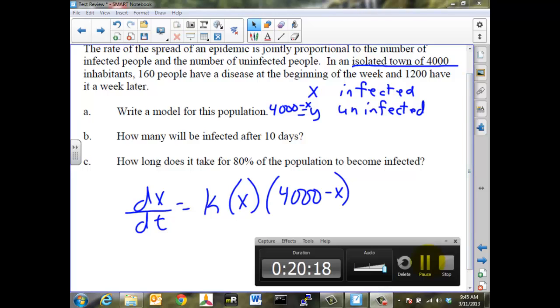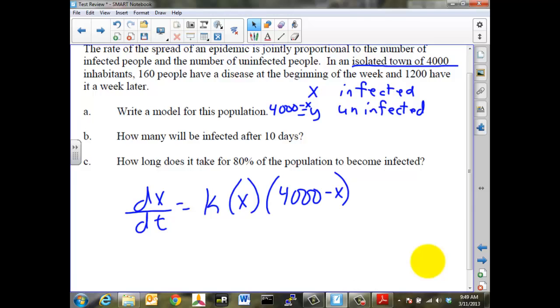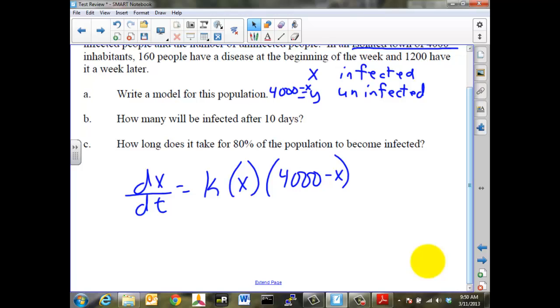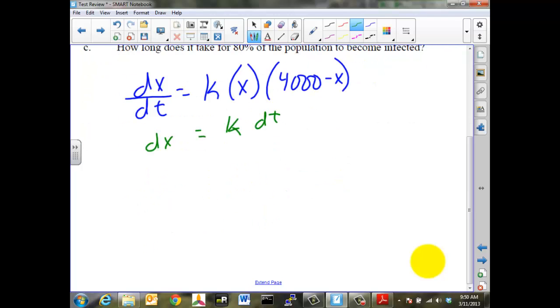Try that and see. I'm going to look. Let's see if we can get to at least where they were at there, okay? So, let's see, we're going to say dx equals k dt, and I'm going to bring over here dx over x times 4,000 minus x.